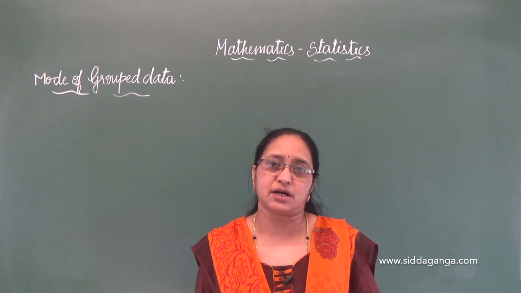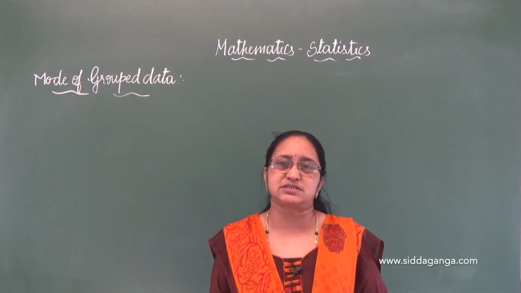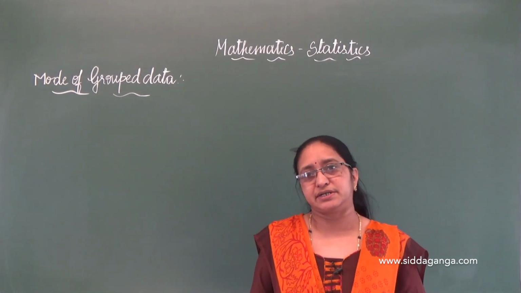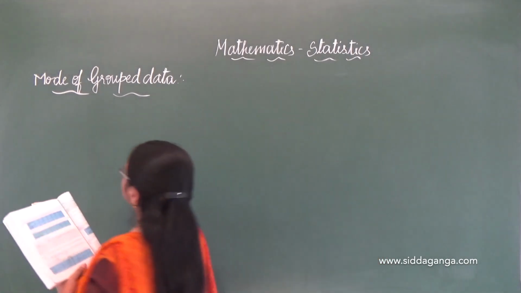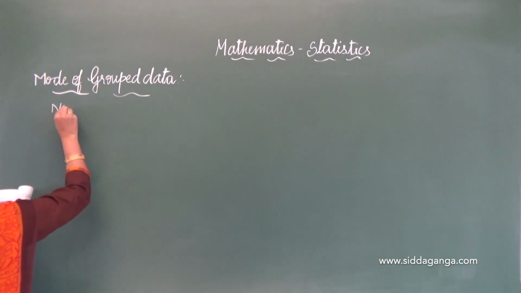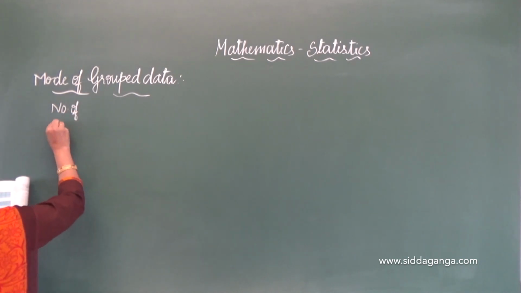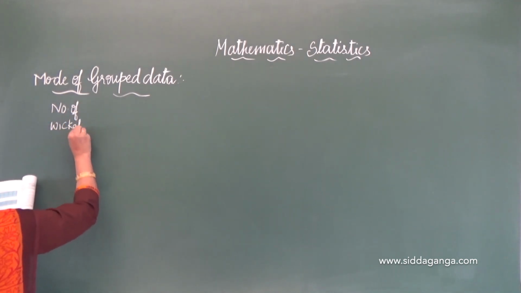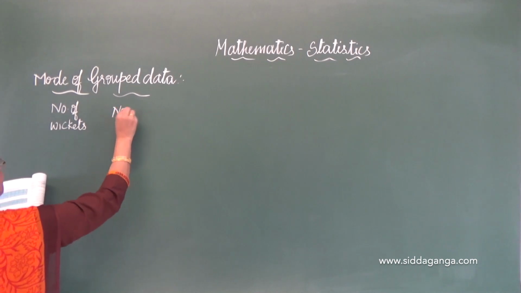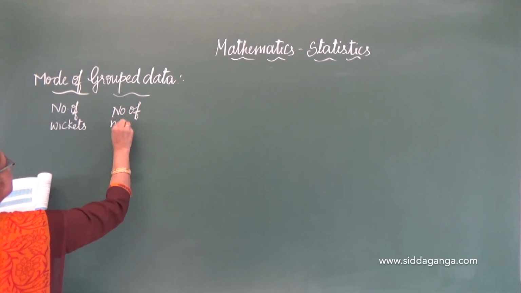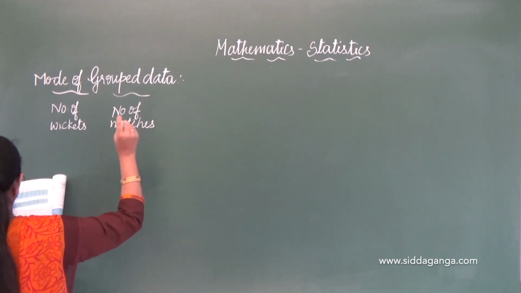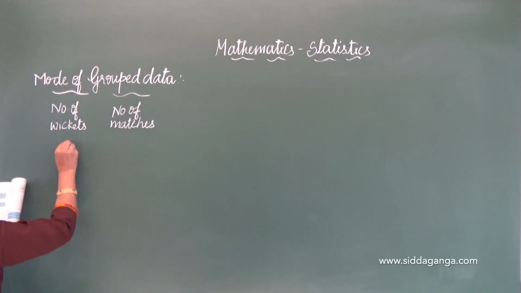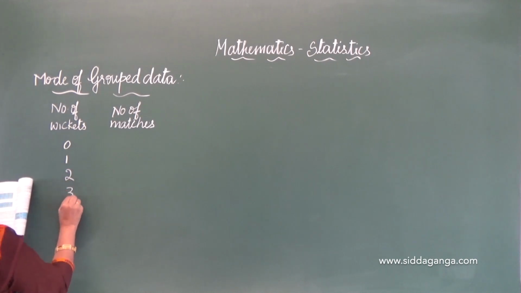Actually, this is ungrouped data. First, let us try to recall what you have studied in 9th standard. So, number of wickets and number of matches. Here 0, 1, 2, 3, 4, 5, 6.